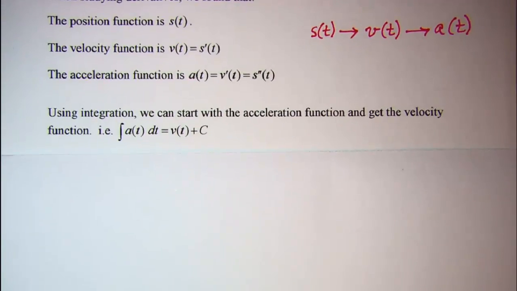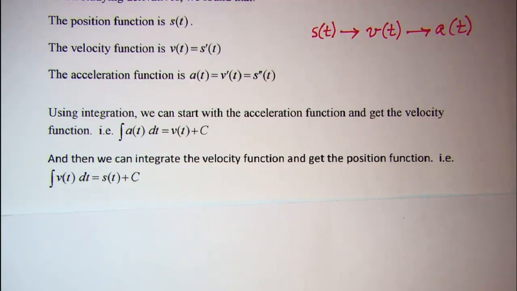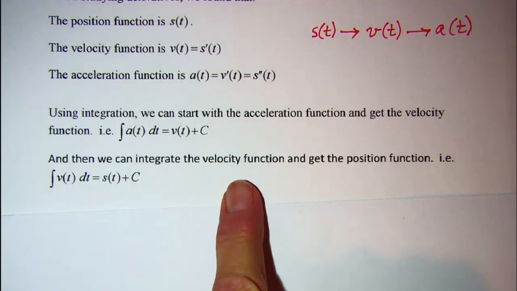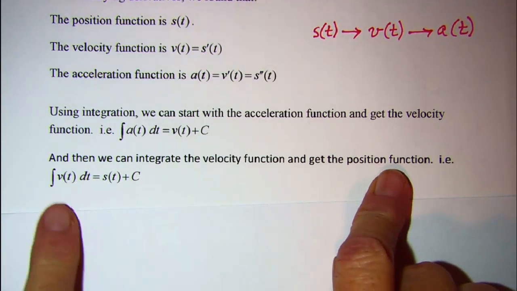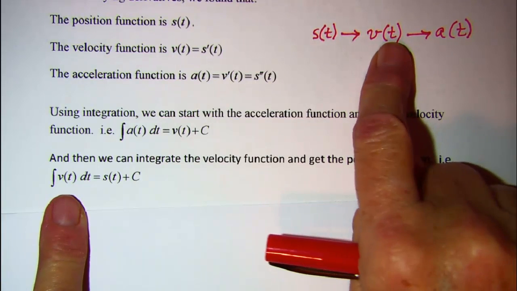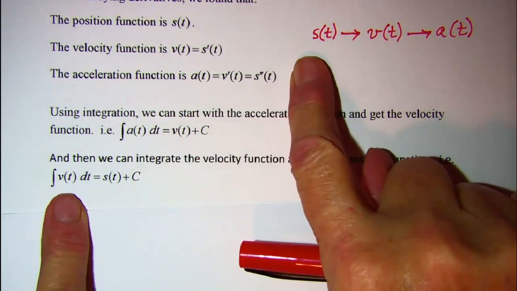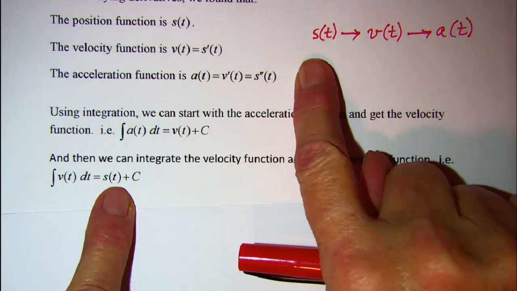And then we can use integration on the velocity function to get the position function. So we'll do an integral of our velocity to go back to our position, plus a constant.